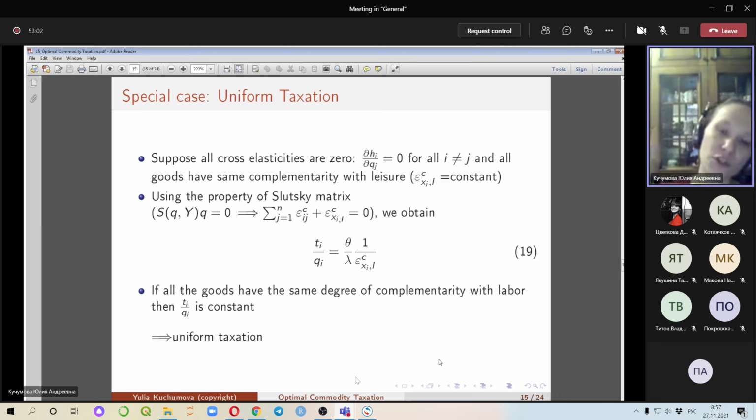From these efficiency considerations, uniform taxation is likely not the optimal setting, except in this very special case.